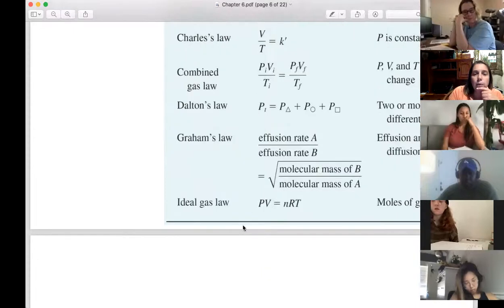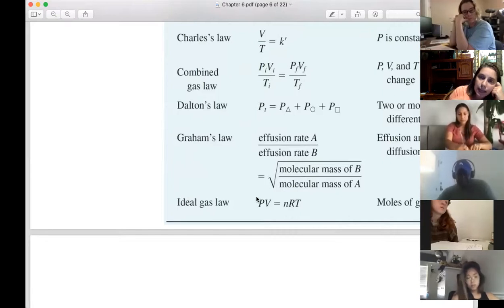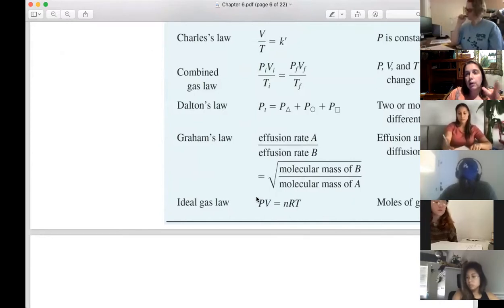The other big one that we will be dealing with is the ideal gas law. The ideal gas law will come into play in terms of taking gas laws and applying things like limiting reactants. In chapter 5, we started talking about 4 and 5, right? We started talking about limiting reactants and the thing that limits the amount of product that can be produced.